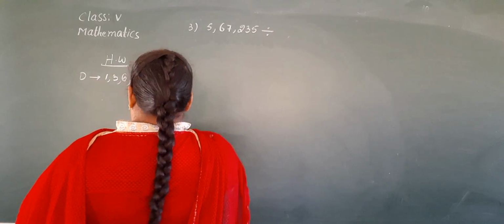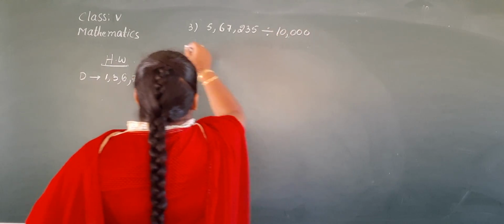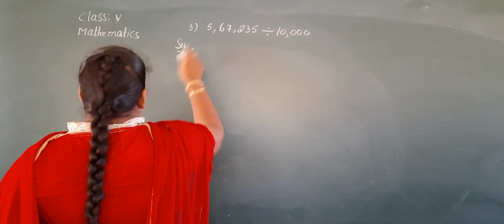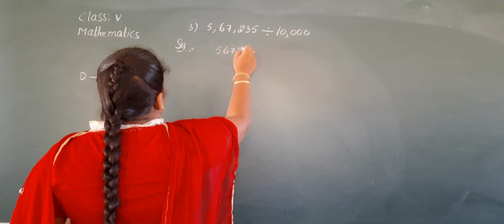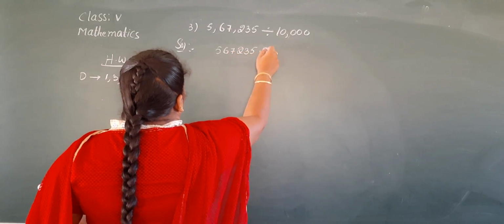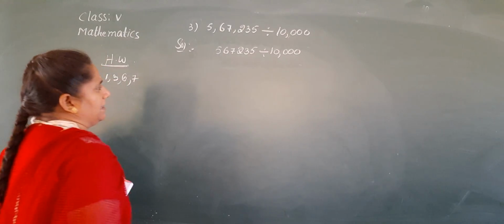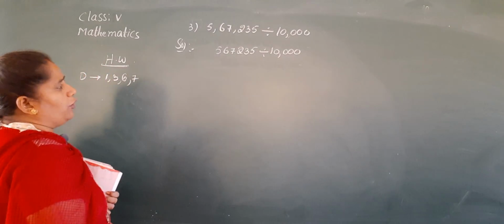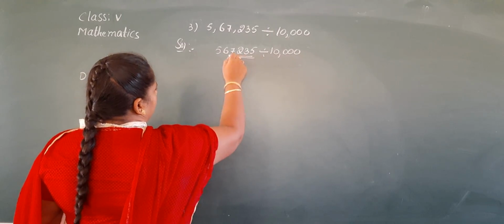5,67,235 divided by 10,000. So if the number is divided by 10,000, the last 4 digits become the remainder. Last 4 digits means this.